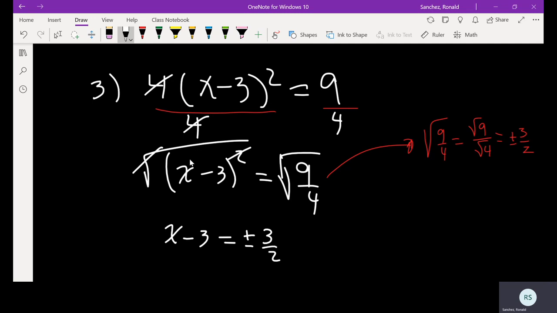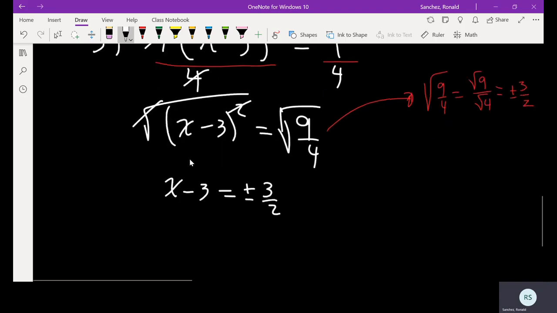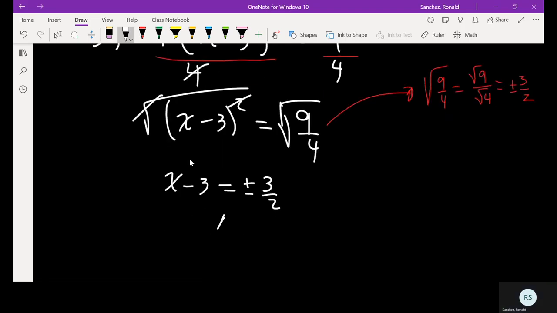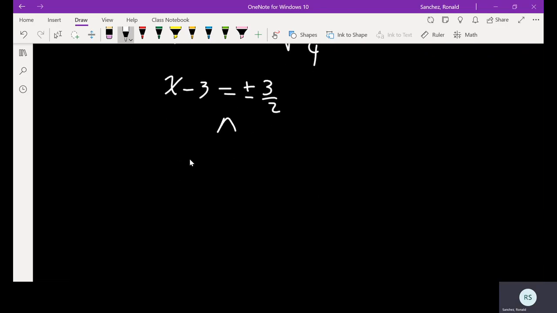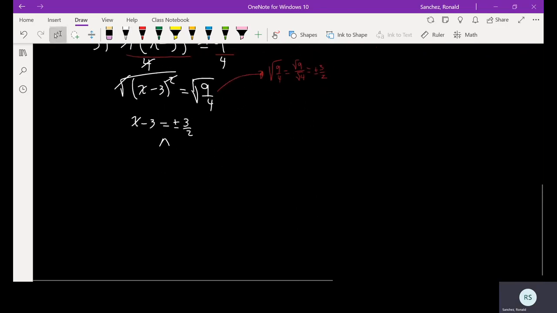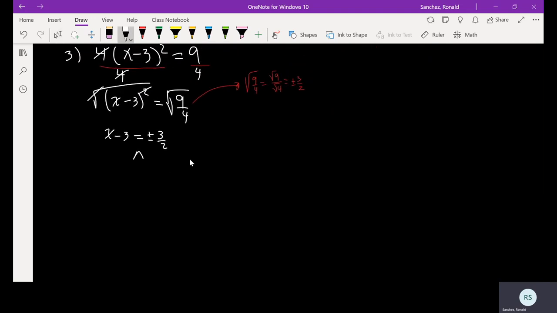And well, after this, we can just write two different equations. Let me zoom out a little bit. So we can write two different equations as x minus 3 is equal to positive 3 halves and x minus 3 is equal to negative 3 halves. We could add 3 on this side, and we get 3 halves plus 3, or 1.5 plus 3 is 4.5.